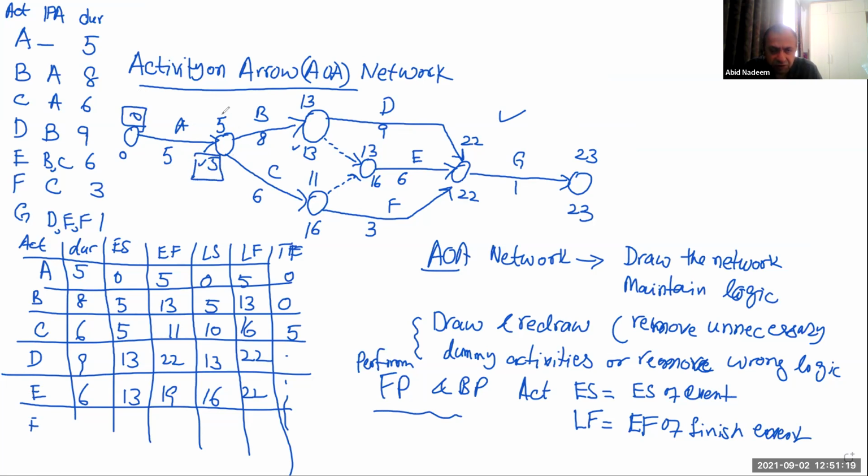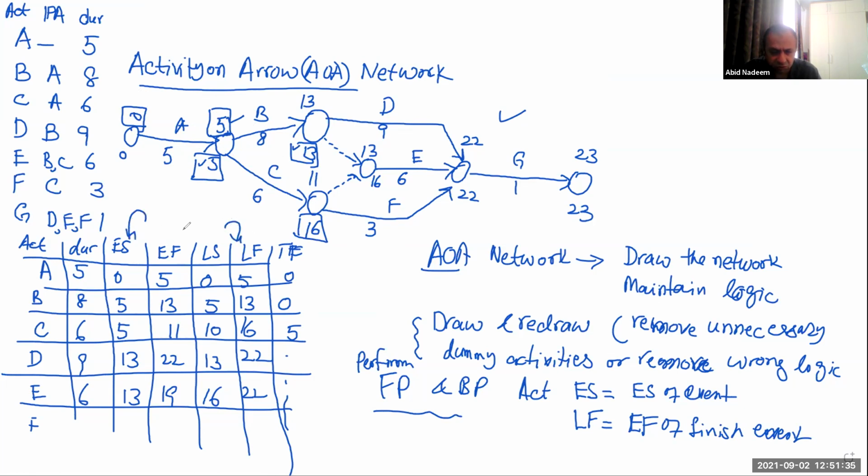That means from this diagram, you will take the opposite values for each activity. For activity B, you will take these two values. For activity C, you will take this value and this value. These opposing values you will fill in these two columns first.